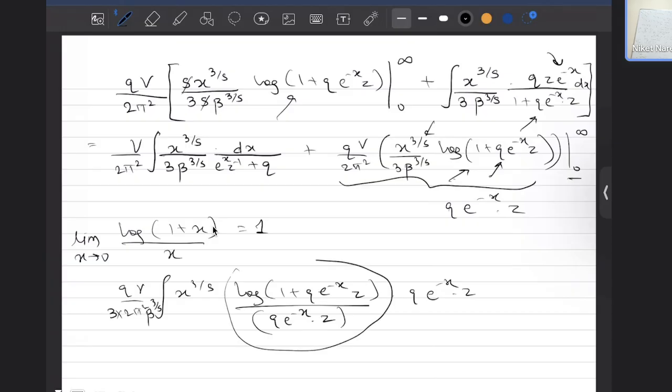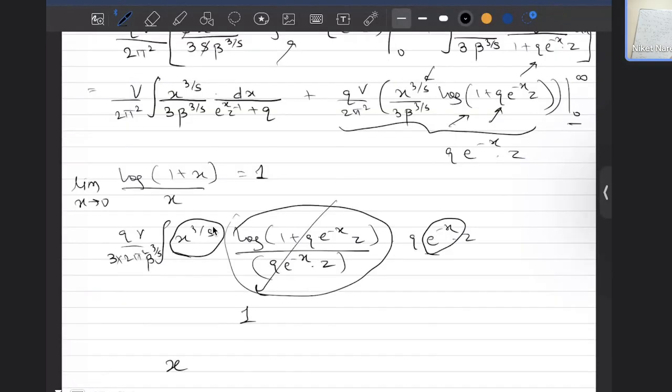So this would give me 1 because e power minus x is basically a very small quantity. So this is like x tends to 0. So this gives me 1. But there is e power minus x into x raised to 3 by s. So x raised to power any number into e raised to power minus x for x tending to infinity is equal to 0 always, right? Because e power minus x goes to 0 much faster.